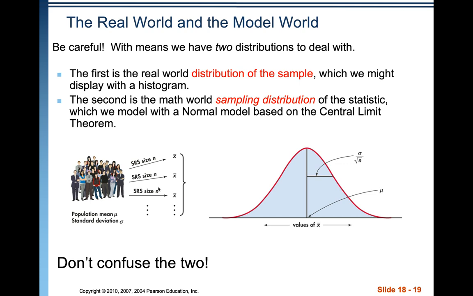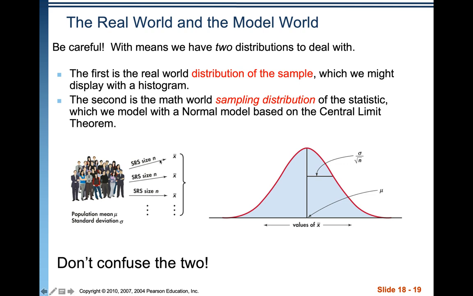We have 2 distributions to deal with. The first is the real world distribution of the sample, which we might display with a histogram. The second is the math world sampling distribution of the statistic, which we model with a normal model based on the central limit theorem. Don't confuse the two.